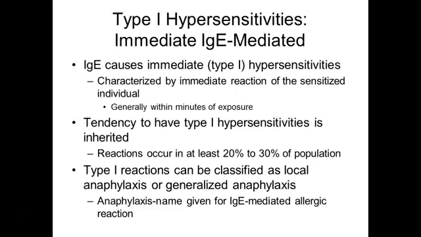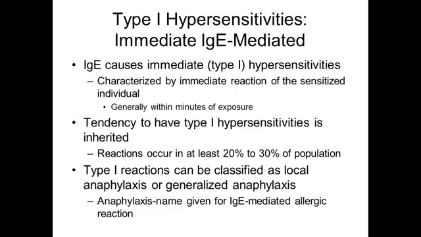So it's characterized by immediate reaction of sensitized individuals, right? Which means that we were already exposed once before. We already made IgEs. We already made memory B cells that are going to make more IgE when we're exposed to this. The tendency to have type 1 hypersensitivities is inherited.